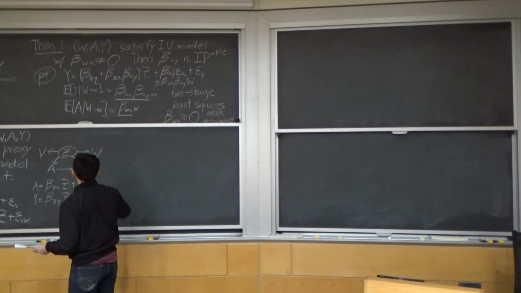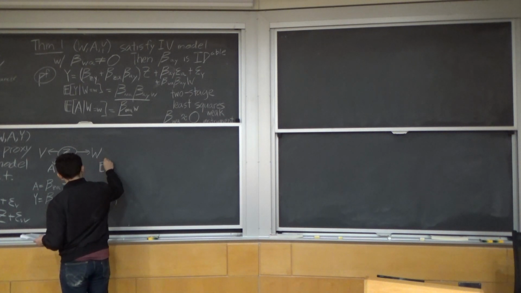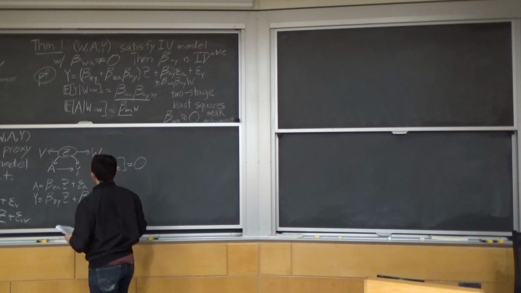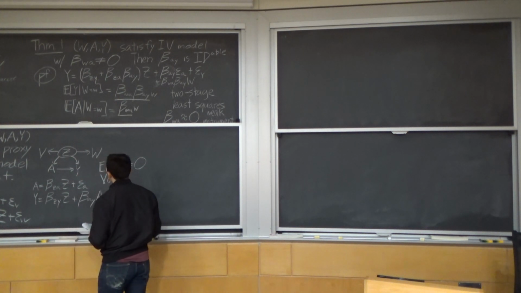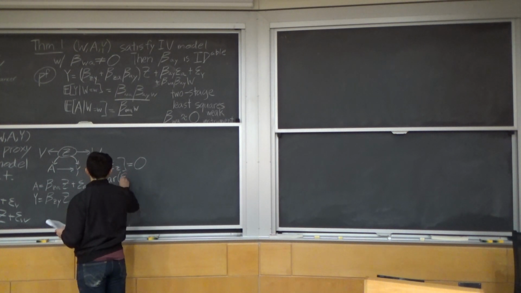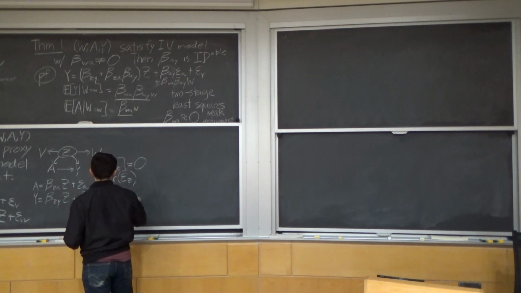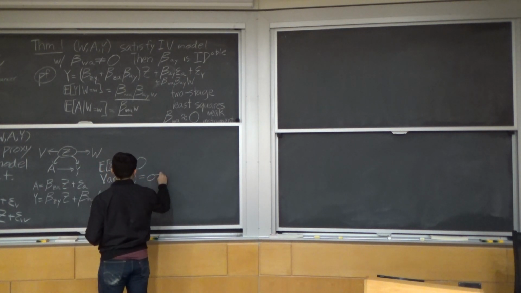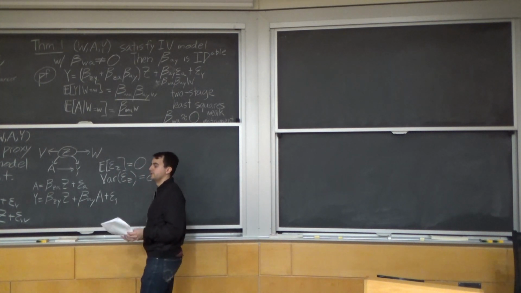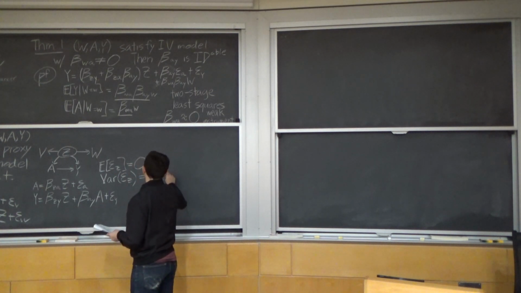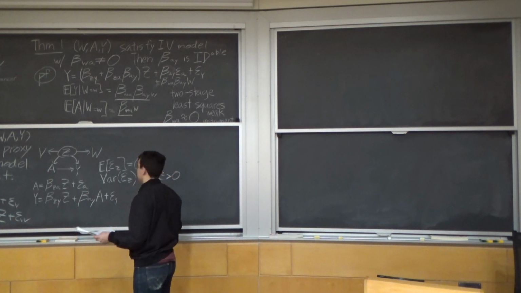And again, we're going to assume everything is mean 0, and we're going to need the variances in this case, so we're going to denote the variance of each of the variables with the exogenous noise terms as sigma squared z, then sigma squared v, sigma squared w, and so on. We're going to need these to be positive and finite as well.